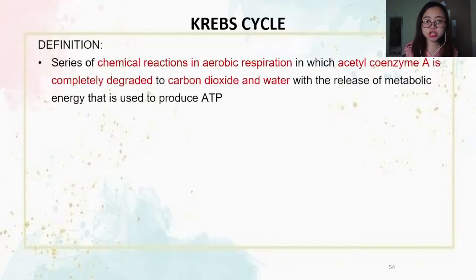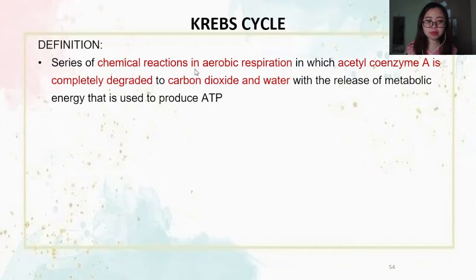So the definition of a Krebs cycle is a series of chemical reactions in aerobic respiration in which acetyl coenzyme A is completely degraded to carbon dioxide and water with the release of metabolic energy that is used to produce ATP.